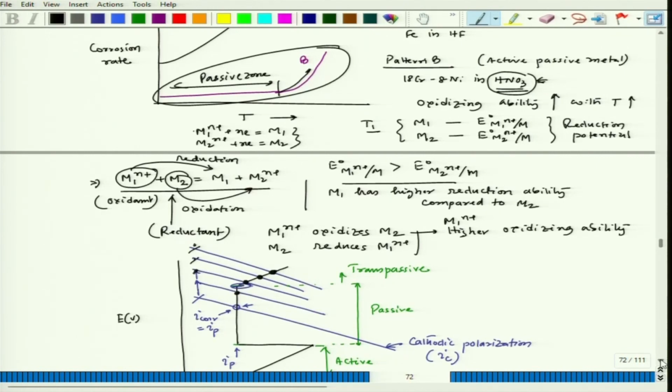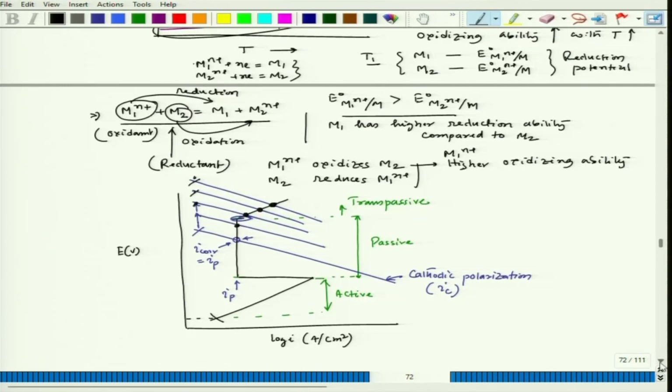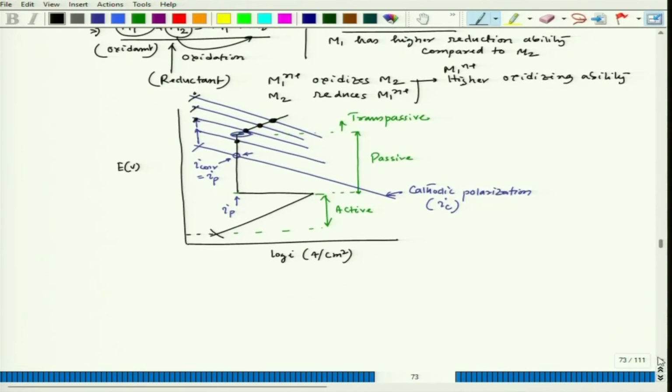So, this happens there, and that means we could see two aspects. One is ever increasing corrosion rate with temperature, and this happens in case of an active metal, since the reaction rate also increases with temperature.